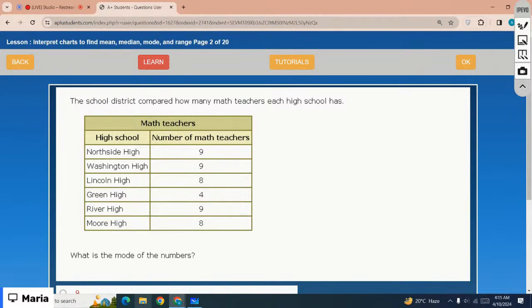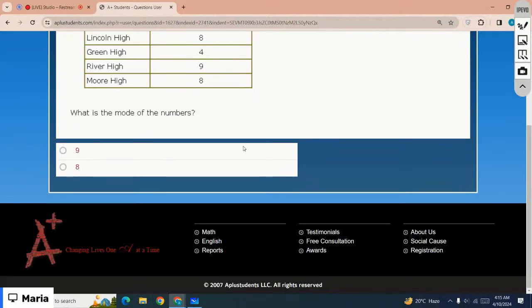The correct option is 9. 9 is the mode, right? The correct option is 9.